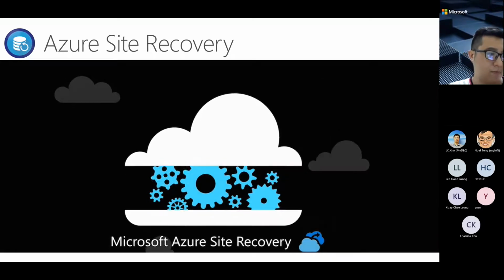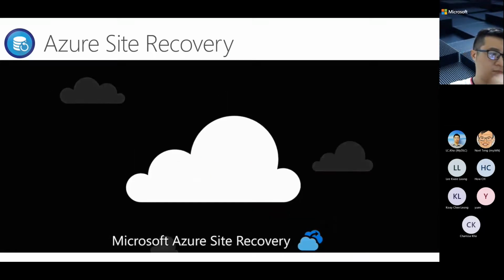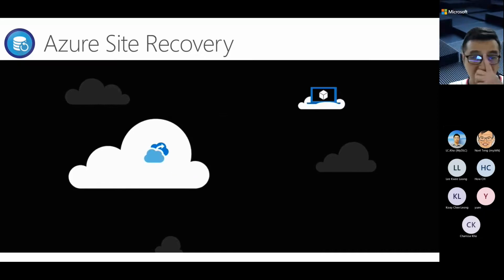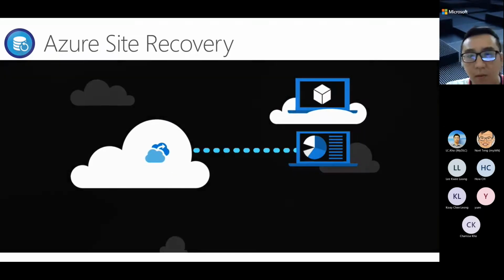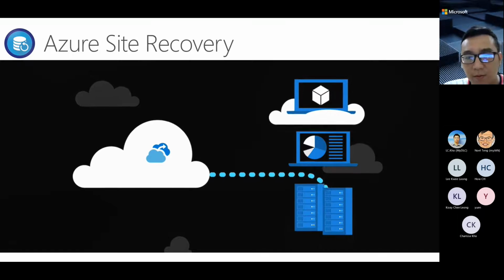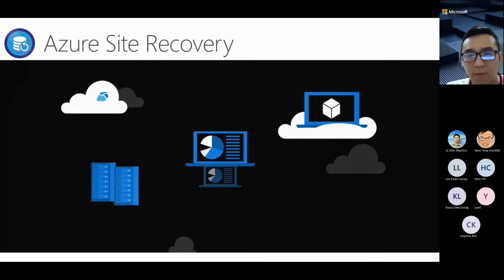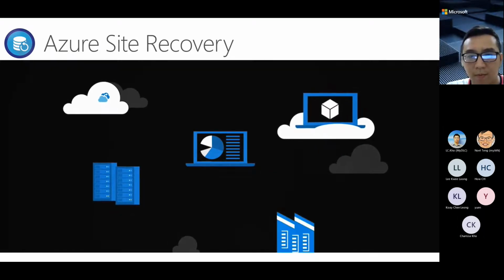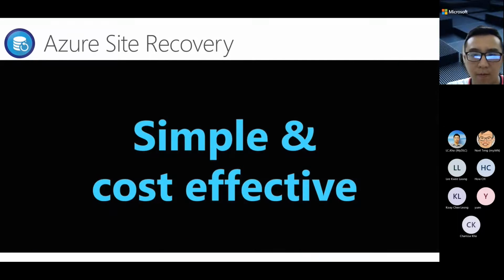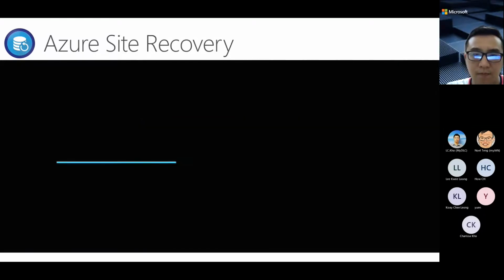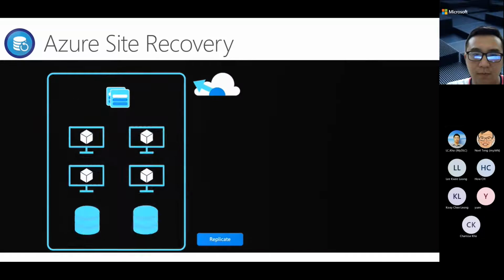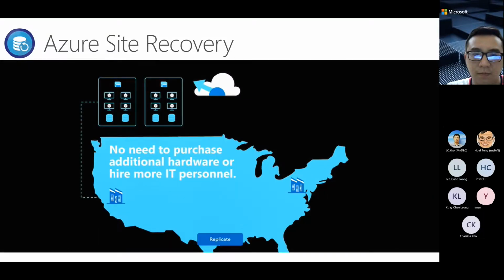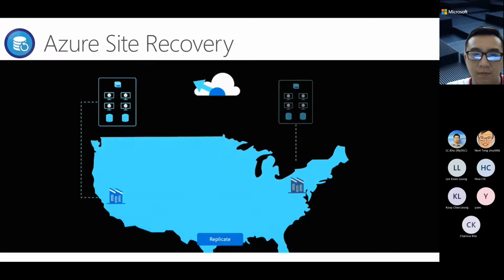Azure Site Recovery is a built-in disaster recovery solution. It orchestrates and manages DR for your Azure virtual machines, on-premises virtual machines, or physical servers. Because we understand DR is of critical importance, it needs to be simple and cost-effective. With Azure Site Recovery, there is no need to purchase additional hardware or hire more IT personnel for disaster recovery.